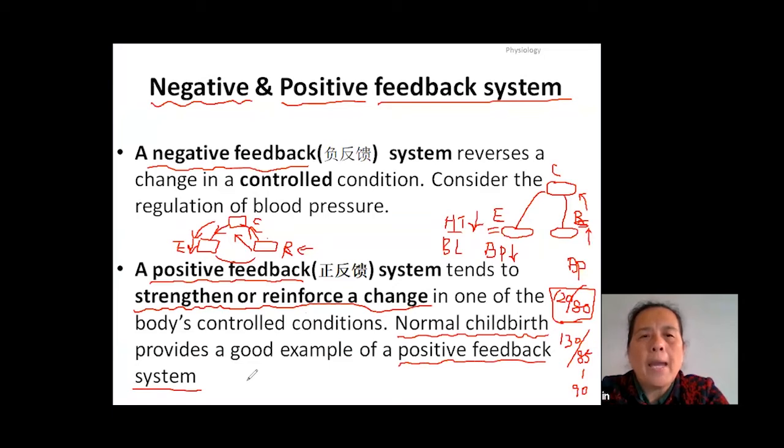It's just in special situations, special periods of time, and it makes the reaction stronger and stronger, like in baby delivery, until the baby is delivered, and then everything stops after the period is over.